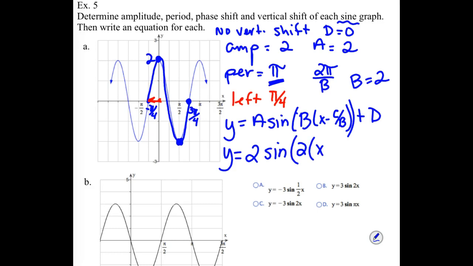And we've said we went left pi over 4, so we'd have a plus pi over 4 in there. And we said there is no d value. We didn't vertically shift it at all. Now, I could leave it like that, or I could distribute this 2. So another option, if this was a multiple choice question, would be the sine of 2x plus 2 times pi over 4, which would be pi over 2.